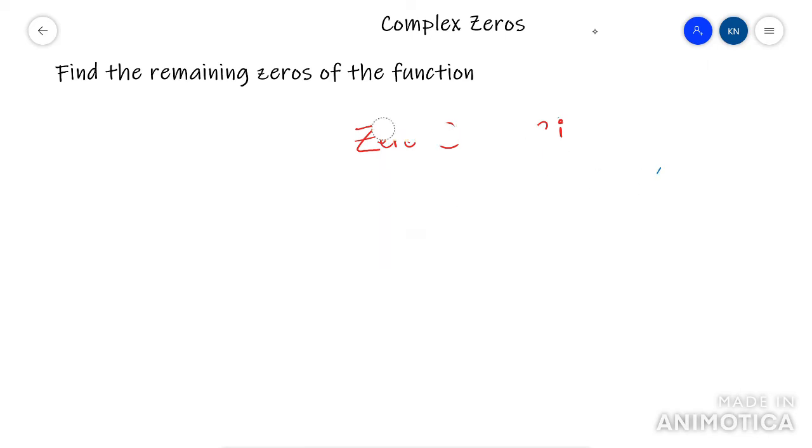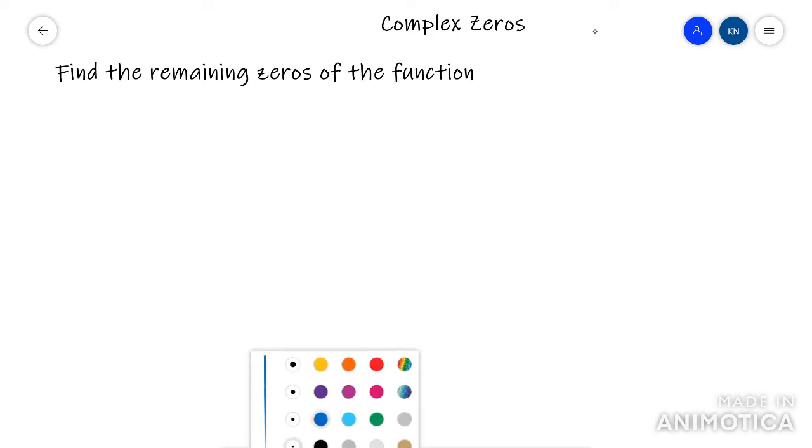Let's look at some examples. The way that they're going to word these is they'll say something like, find all the remaining zeros of the function. And so sometimes they'll say my function is degree 5 with zeros, and then they'll list the zeros. So like maybe they gave you 1i and 2i. Don't overthink this.